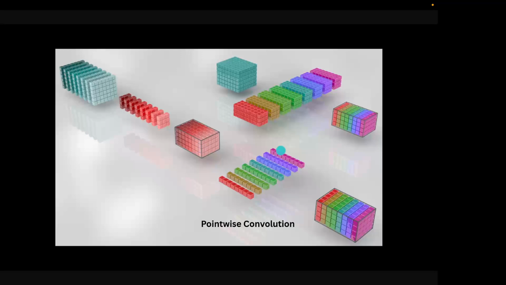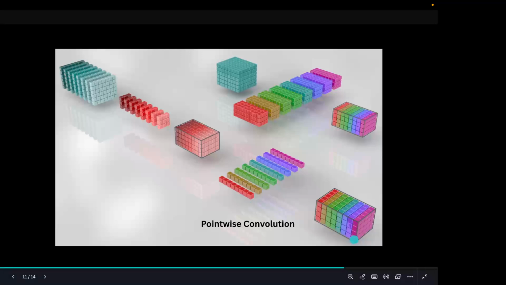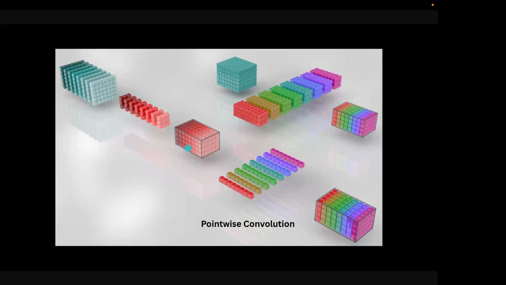If we run this, you can see the channel size of the filter is the same as the input channels. So this helps to share all the channel information and put it in a channel. So finally we are getting something similar to the general convolution, but at a lower cost.